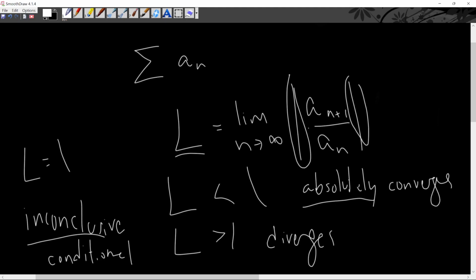Conditional convergence essentially says that if you take the absolute value of every single term, it will not converge. But if the series is by itself and you did not modify it in any way, usually it'll be an alternating series. Alternating series, I need to find a good plural form of series.